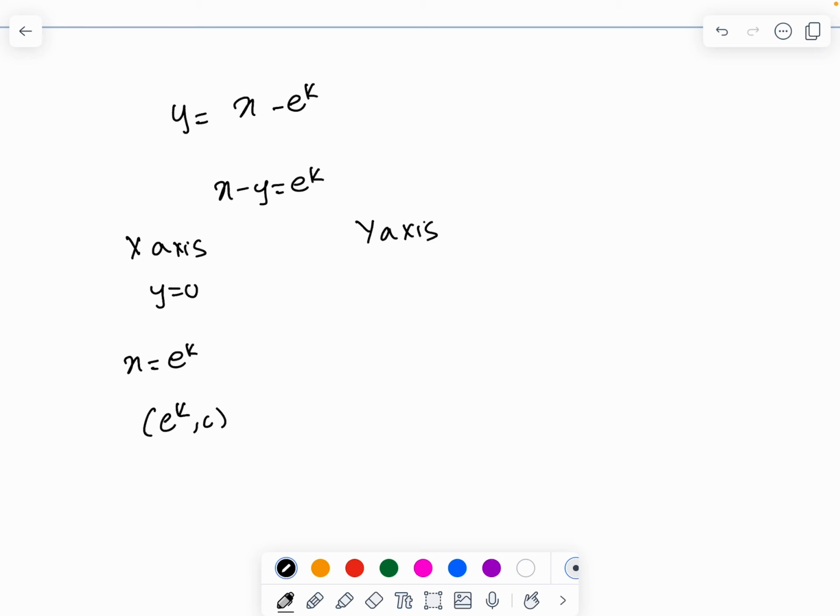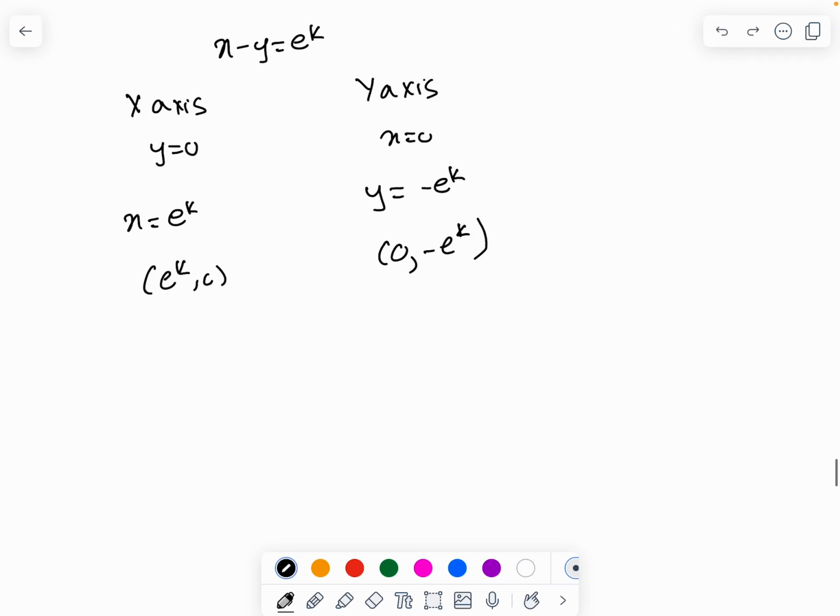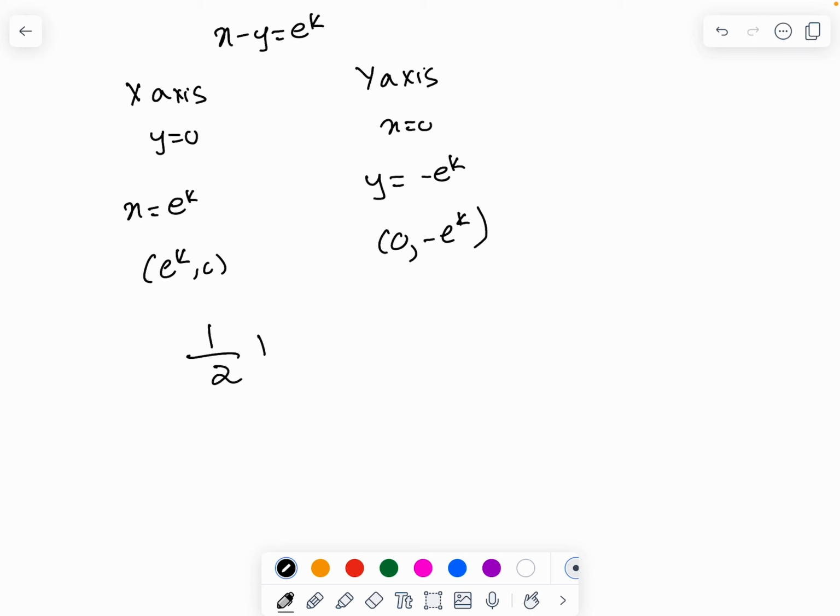Intersecting the y-axis means x equals 0, so y equals minus e to the power k. So it's forming a triangle with the height of the triangle e to the power k, and the base of the triangle is also e to the power k. So area is e to the power k times e to the power k, which is e to the power 2k divided by 2.